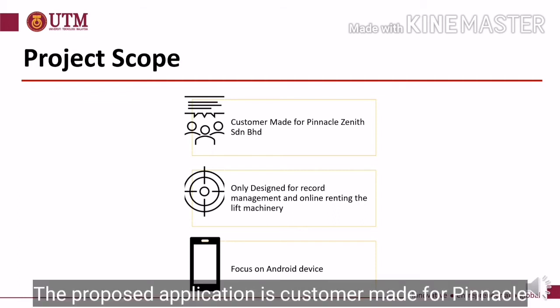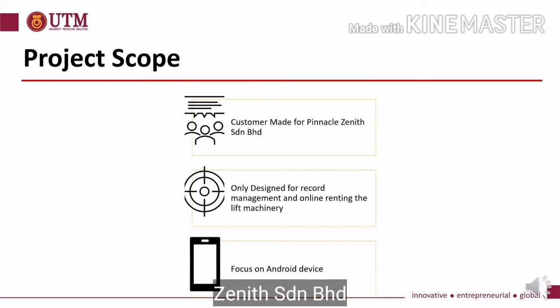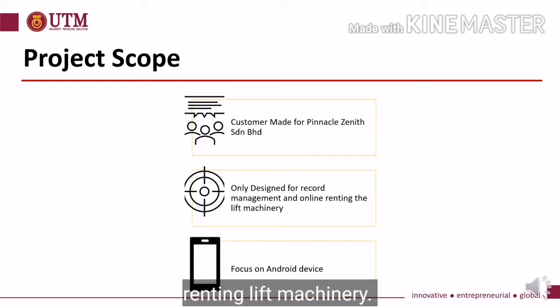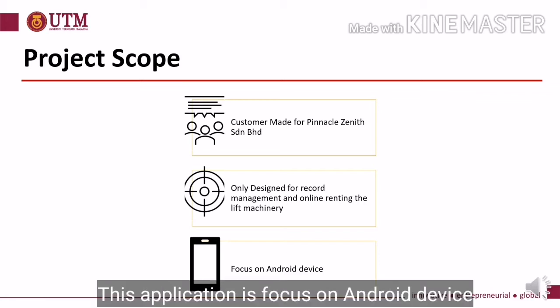The popular application is custom made for Clinical Genius in the neighborhood and is designed for record management and online renting of lifting machinery. And this application is focusing on Android devices.